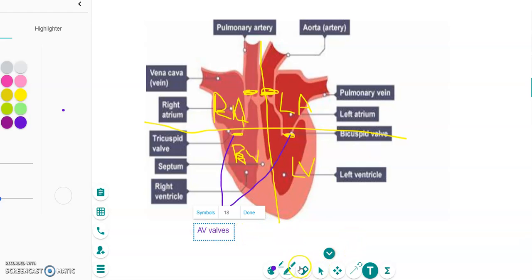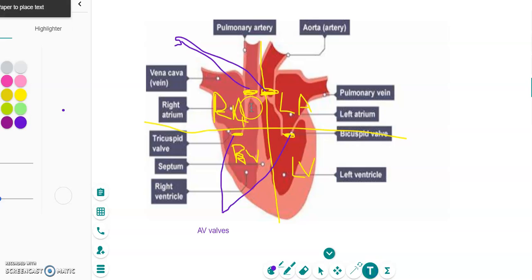And these ones up here are your semilunar valves, or SL valves. Okay. So what happens is that when the heart is pumping, depending on which part of the heart pumps, for example, when the atria pump or when the ventricle pumps, these valves will open and close respectively.